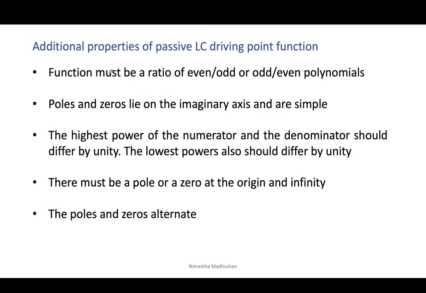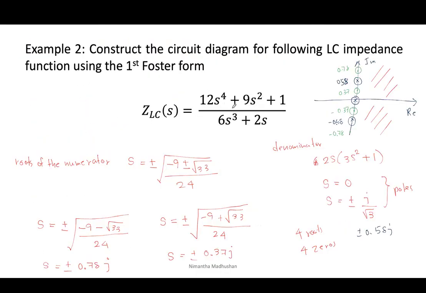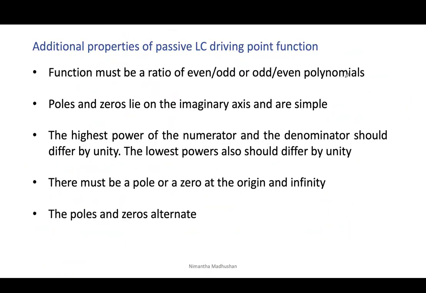Then let's move to the additional properties of the LC driving point function. The first one says the function must be a ratio of even to odd, or odd to even polynomials. In this function, s to the power 4 and s to the power 2 are the numerator polynomials, and the denominator polynomial is s to the power 3 and s.